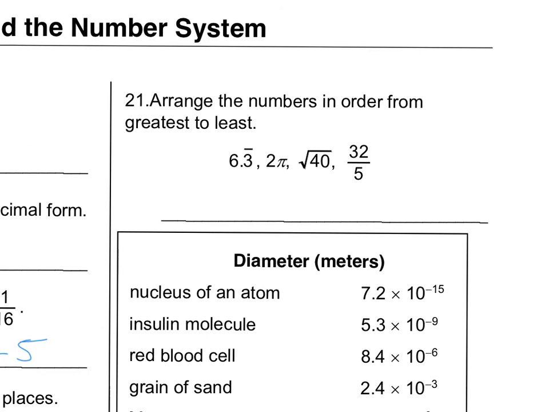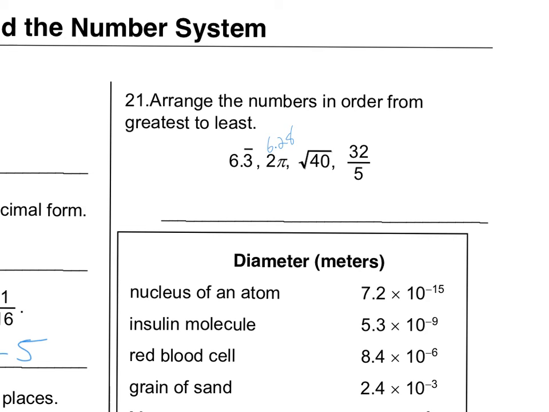Alright, we need to arrange these from greatest to least. To do that, again, we change everything into what? Decimals. The same strategy. All right, 6.3 repeating is already in decimal form. 2 times 3.14 is 6.28.